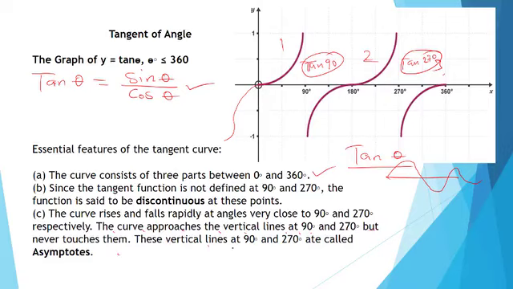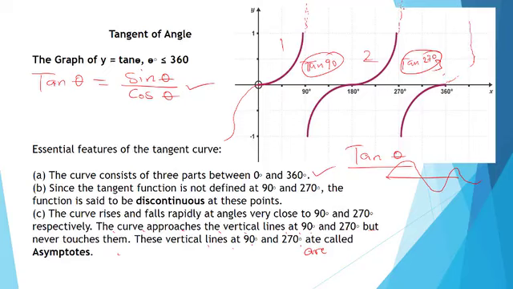These vertical lines at 90 and 270, these vertical lines at 90, you continue like this. This is 270. If this curve should go this way, you still have it at this point.